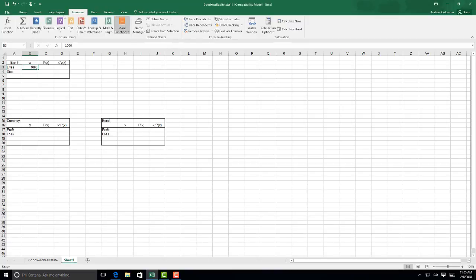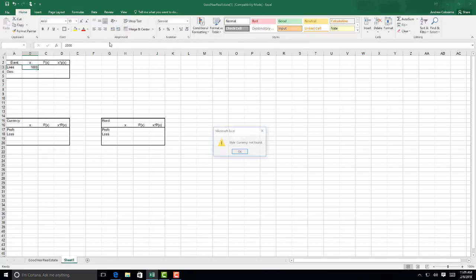Then if the individual dies, once again profit to the company: the individual paid $1,000, but they have to pay out $50,000. So their profit is actually a negative $49,000.